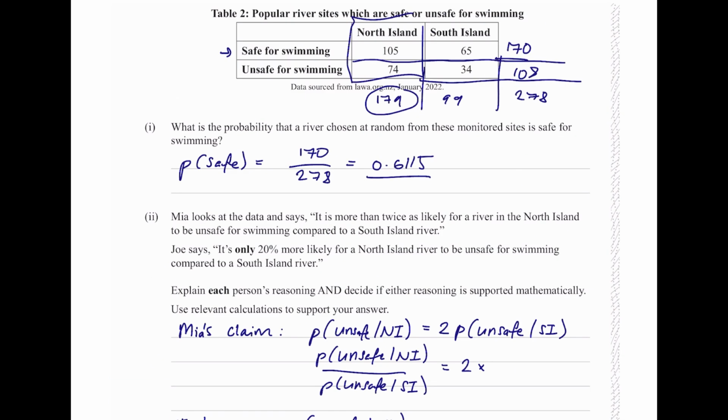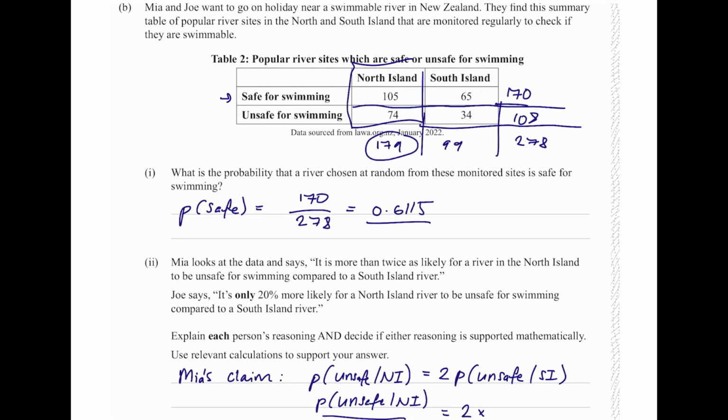Is that all we need to do? Explain each person's reasoning. So why would Mia say that it's twice? Mia reckons it's more than twice as likely. So let's compare just these two numbers straight away. 74 divided by 34 is 2.176. So that's probably what she's looking at.